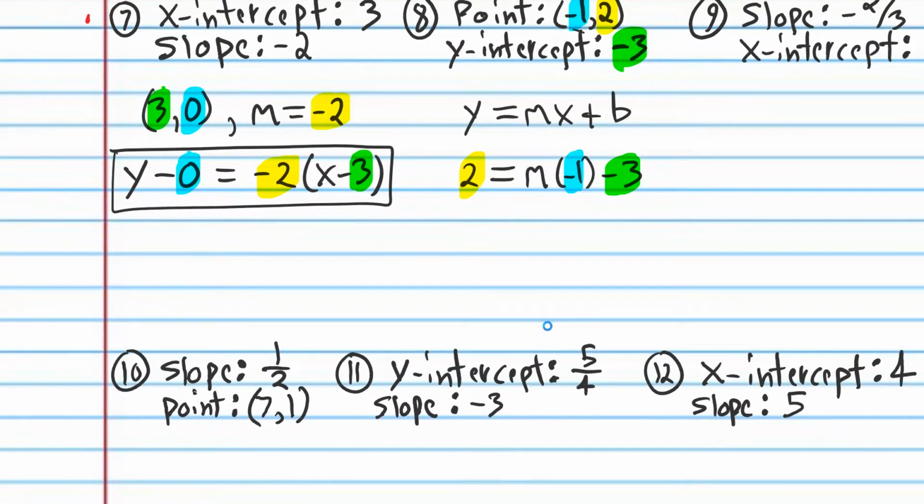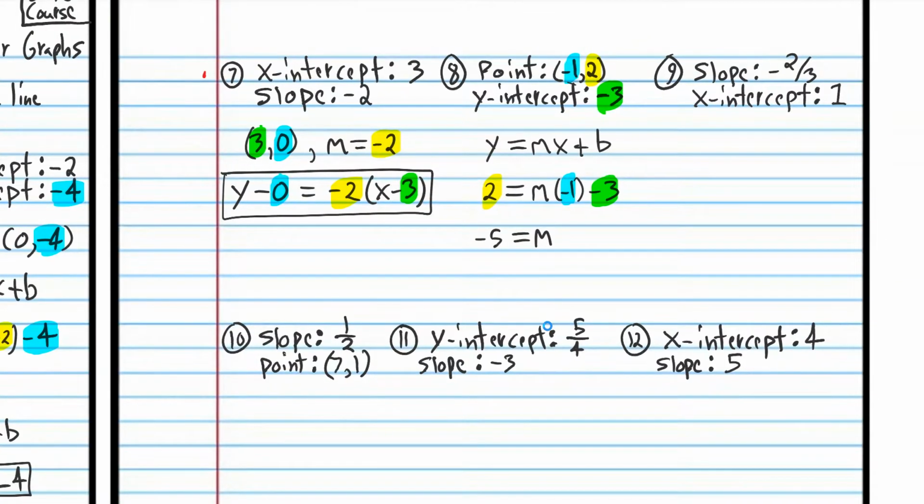Add 3 to both sides, divide both sides by -1, and we get -5. So m is equal to -5. So now we can just write y is equal to mx plus b. But I don't really have enough room to write it, I guess. Might just move these up, maybe.